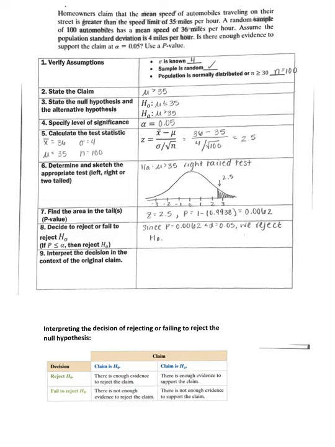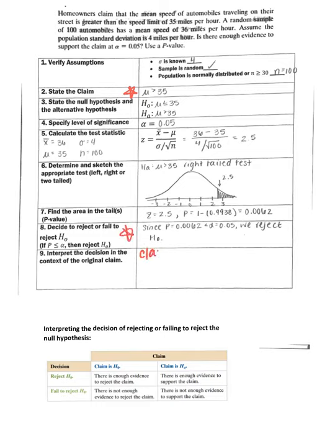All right, the next problem discussed the mean speed of automobiles traveling down a certain street. And the neighbors claimed that the mean speed of these cars was greater than the 35 mile per hour speed limit. We ended up going through the process and rejecting the null hypothesis.